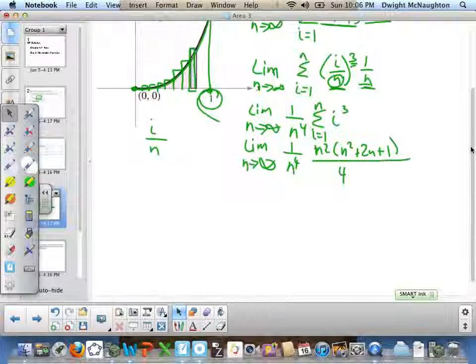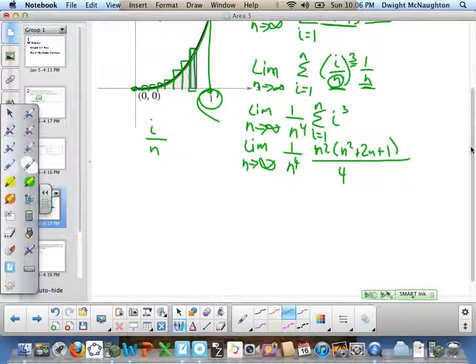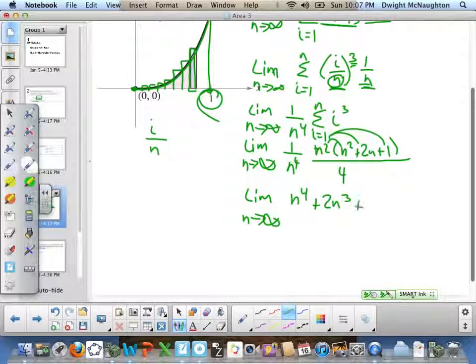All right, we'll continue. We'll distribute the n squared. We got n to the fourth plus 2n cubed plus n squared, all over 4n to the fourth. The limit of that as n approaches infinity.